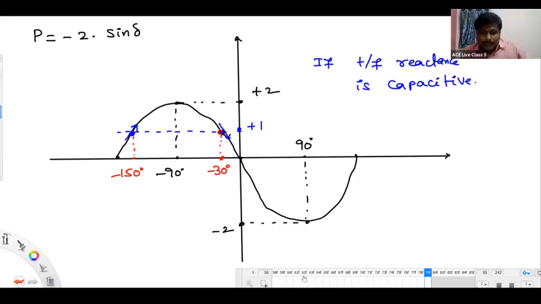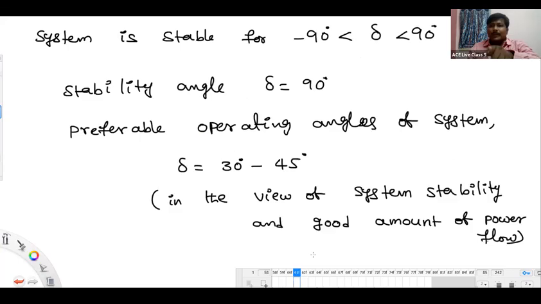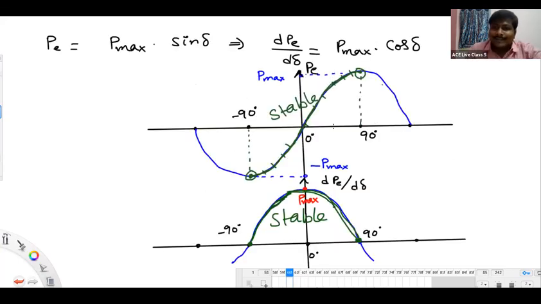But the earlier curves which we have discussed, that power angle curve will come if the transfer reactance is in inductive nature. Inductive nature.